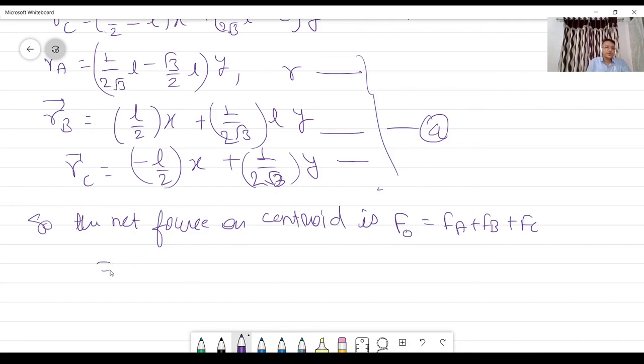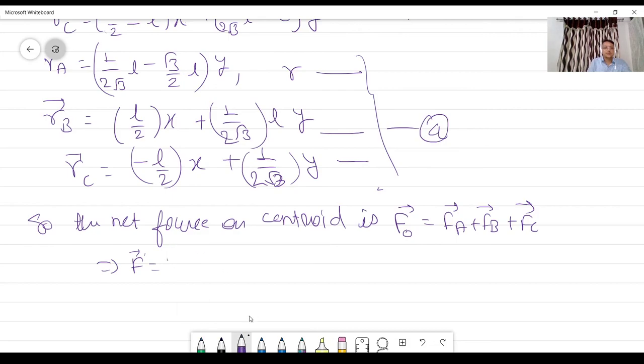It is very important that this is in vector form, so everything is in vector form, and you know their magnitudes. Like I'll just write the formulas here. Earlier I have proved that each force's magnitude is equal but their directions are different.